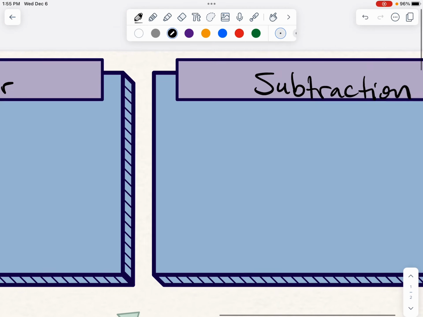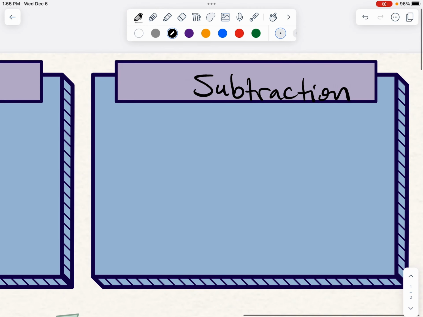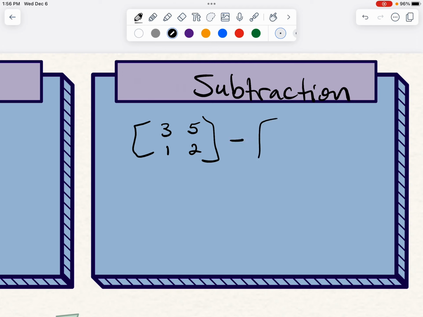Let's look at some matrix subtraction. Let's say we have this matrix here: 3, 1, 5, 2, minus 4, 0, 3, and 6.